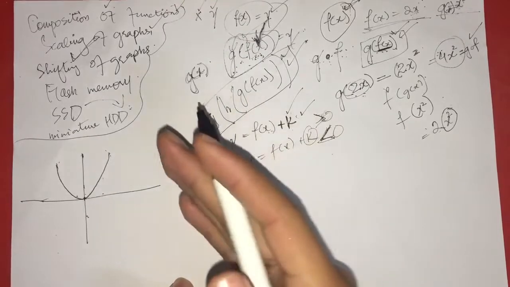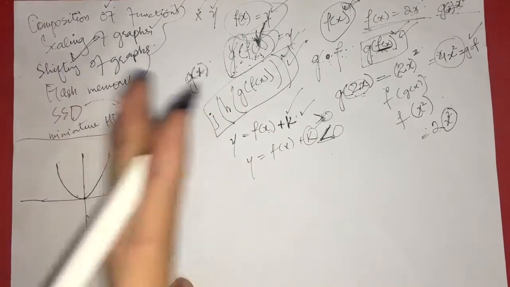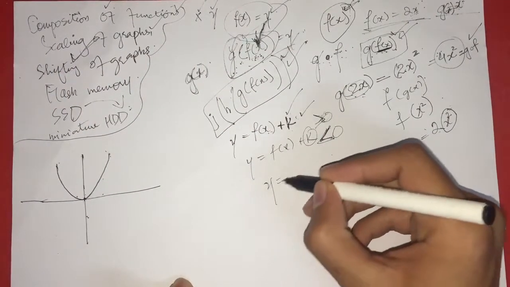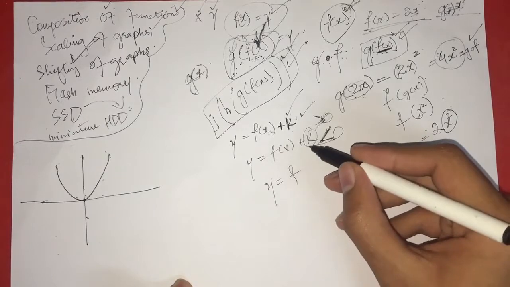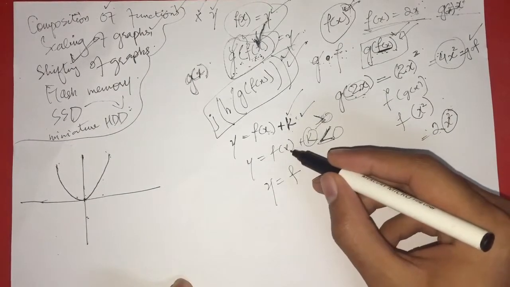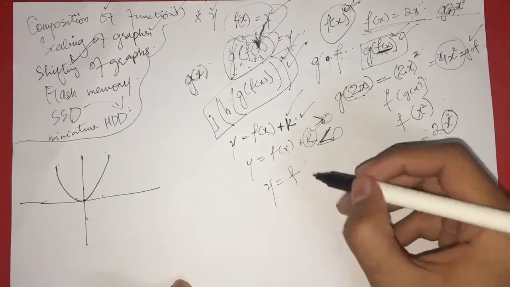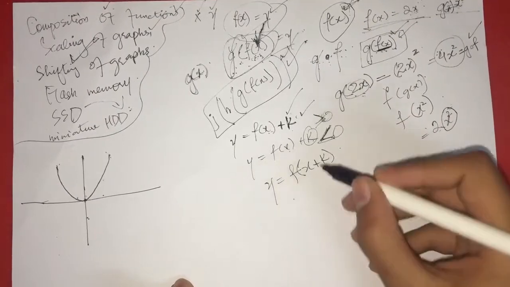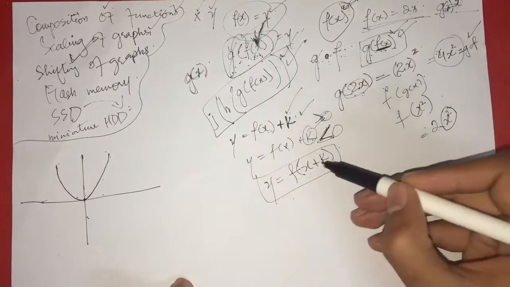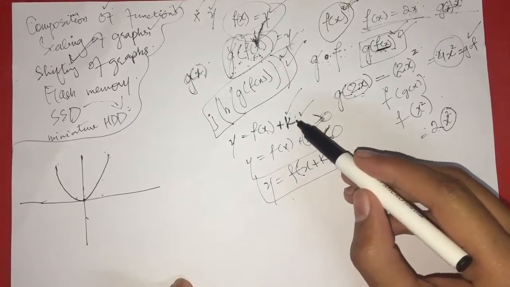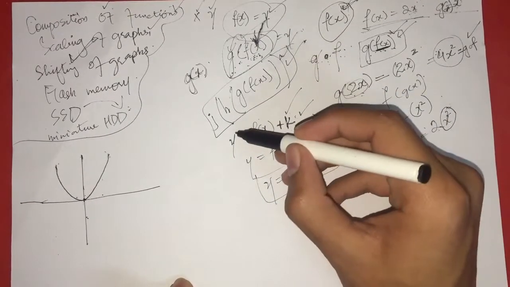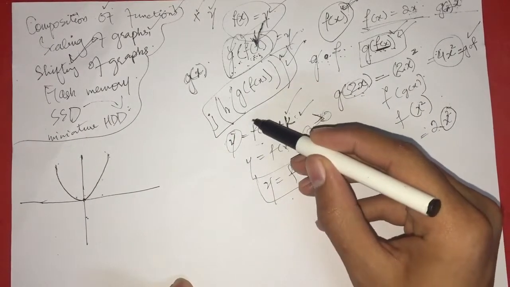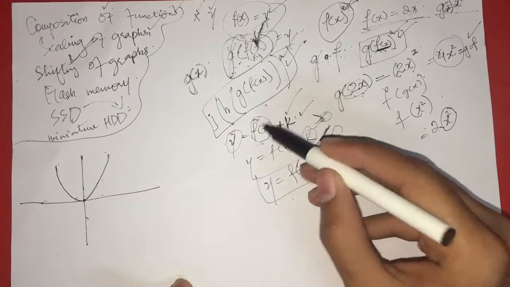Now, for example, you want to move the graph either to the left side or to the right side. You're going to do that by adding the constant inside the function. You added k to y, that is f of x plus k: first you found the value of f of x, then you added k.